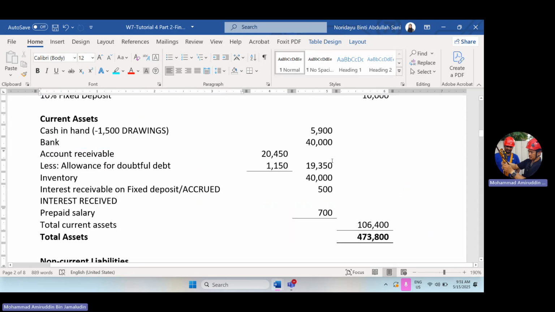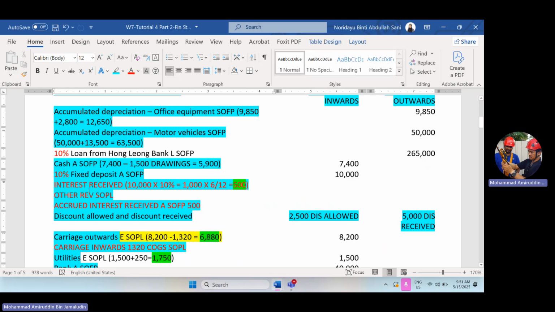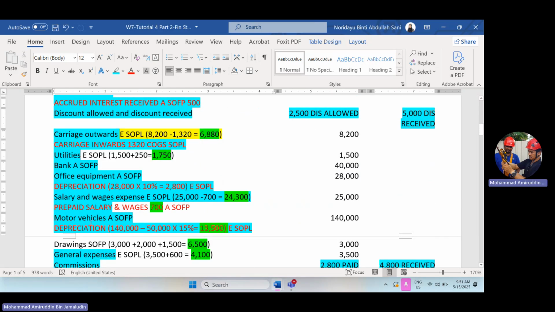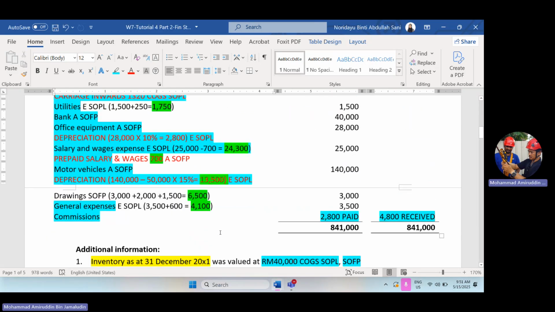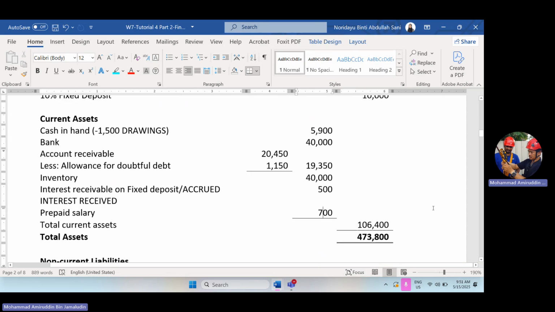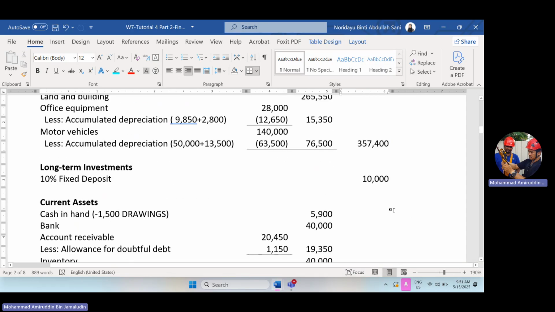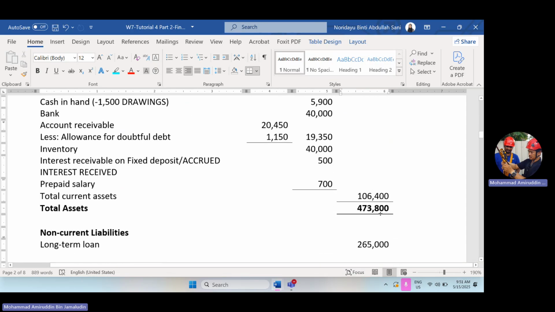Anything else that I missed? Cash, bank, accounts receivable done, inventory done, interest received done, prepaid salary done. 700 just now. So prepaid salary 700. Okay, current assets done. We total up, we get 106,400. Then you can total your assets, 473,800.